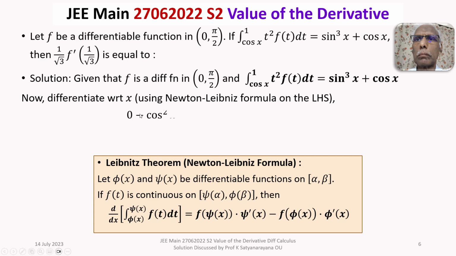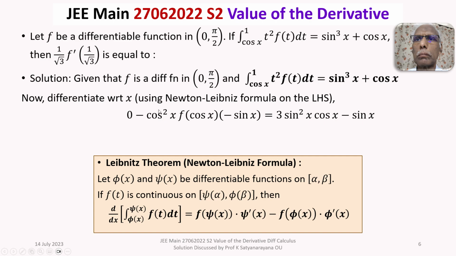So that will be 0 minus cos square x f of cos x into minus sin x, which is equal to the derivative of sin cube x, 3 sin square x cos x, minus the derivative of cos x, which is minus sin x. So we have used the Newton-Leibniz formula.